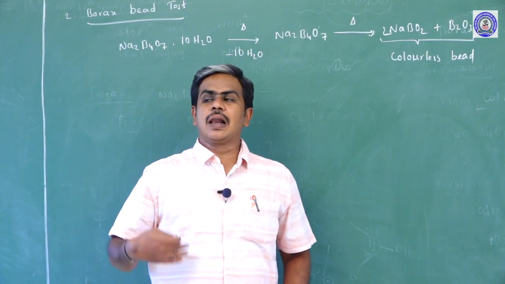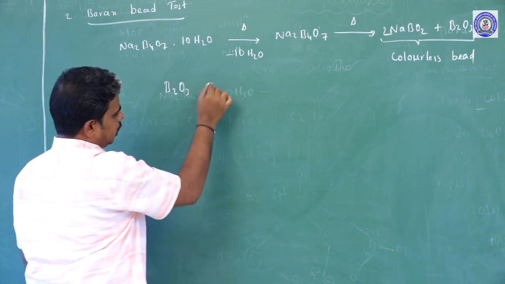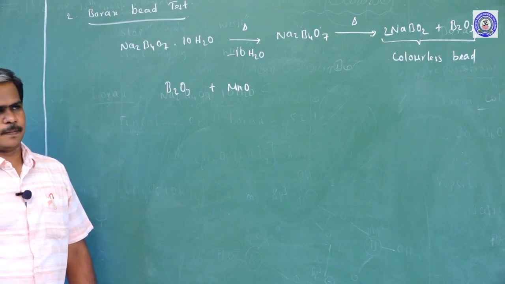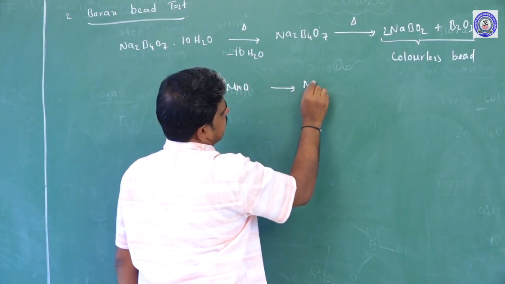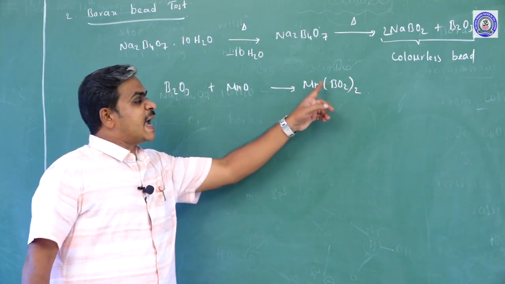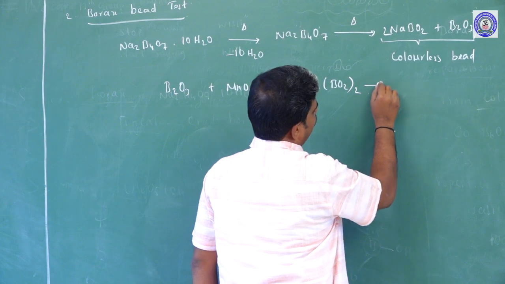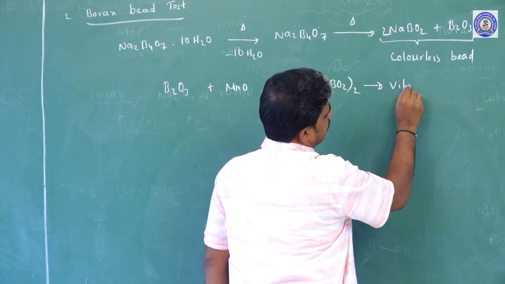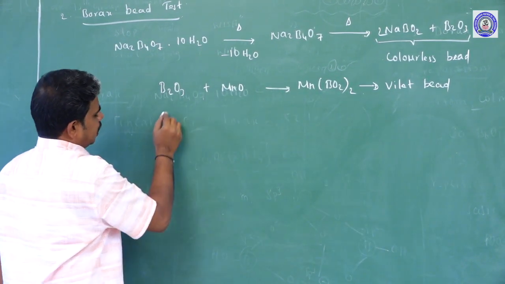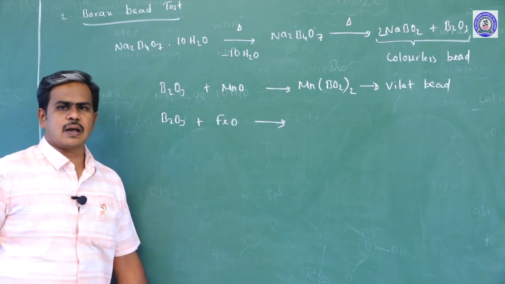Then, how will you get a colored bead? Suppose this boric anhydride, B2O3, is reacted with a metallic oxide, manganese oxide. Then we may get Mn(BO2)2, that is manganese borate. This manganese borate is a violet colored bead. The same way, this B2O3 is treated with FeO, ferrous oxide.